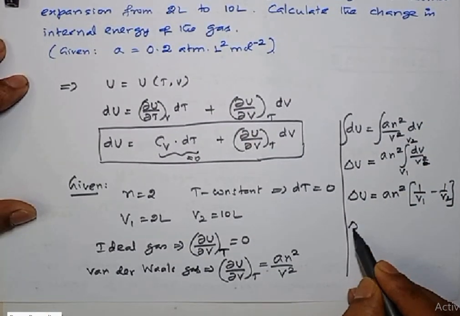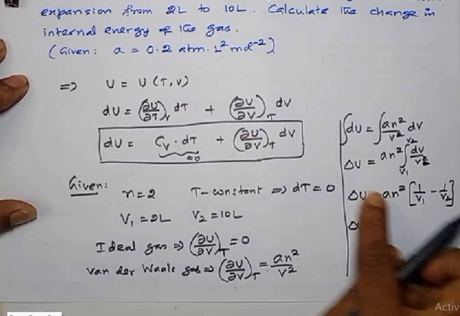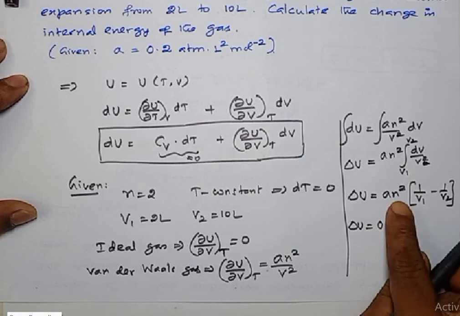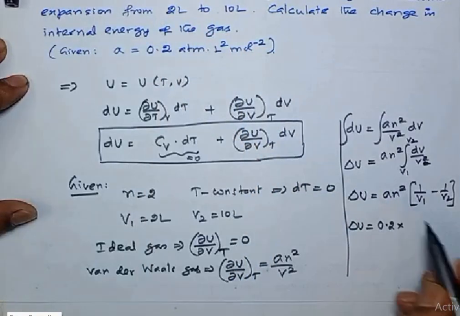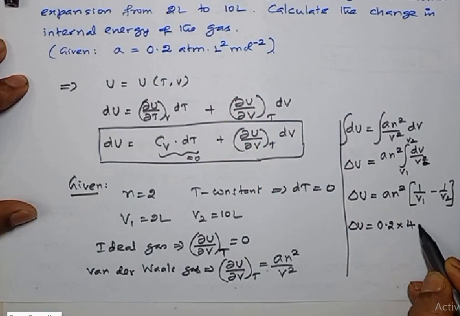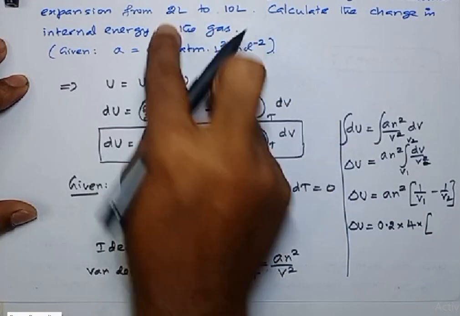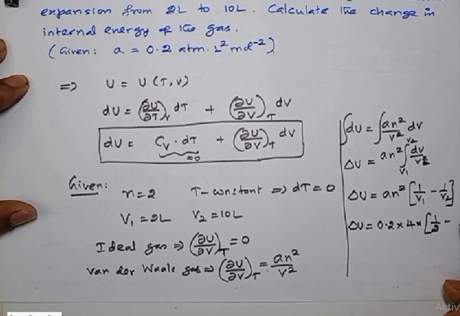Now, ΔU is equal to a. The value of a is given, 0.2. And the number of moles is given, 2 moles. So 2² is 4 times 1 by V1, where V1 is 2 liters. So 1 by 2 minus 1 by 10.